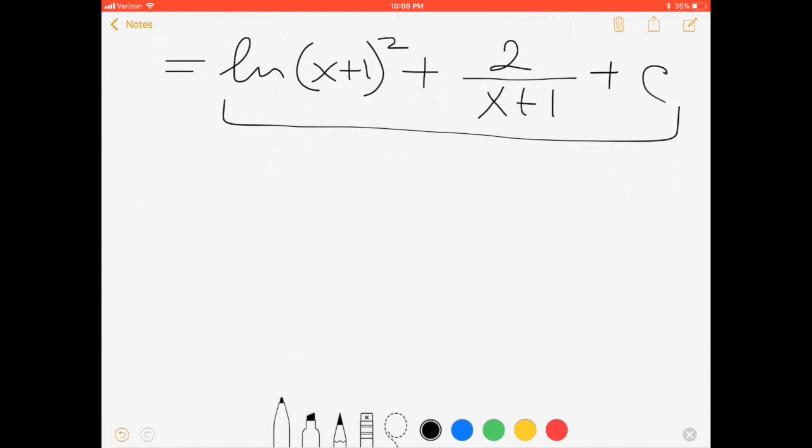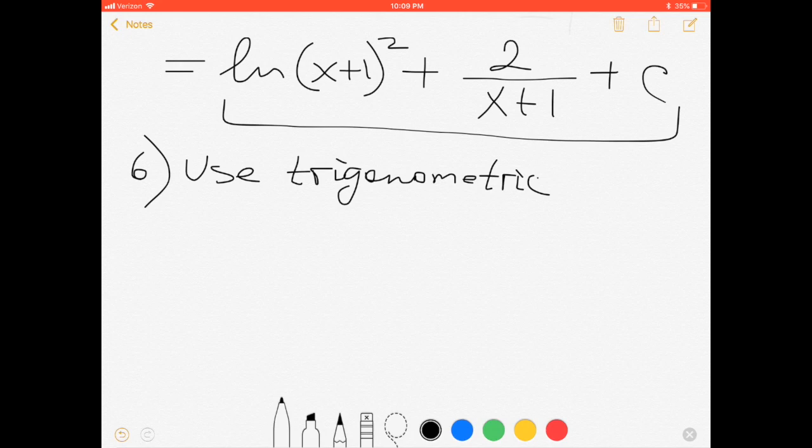One more question. When you have a trigonometrical integral and you need to use some trigonometrical identity, for example, you use an identity.